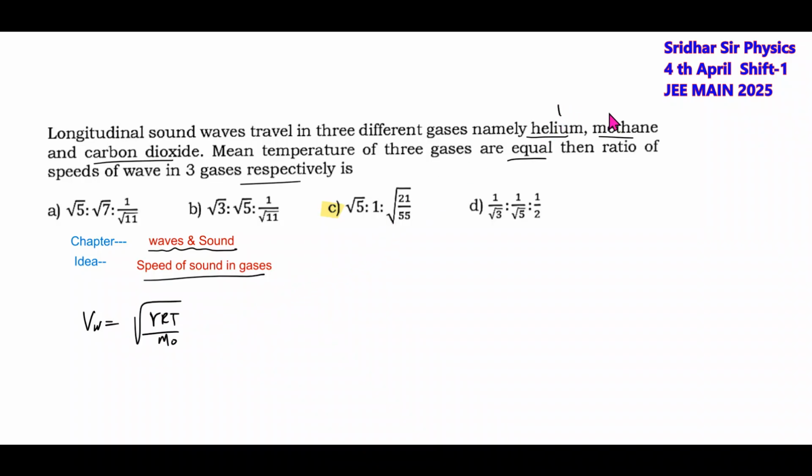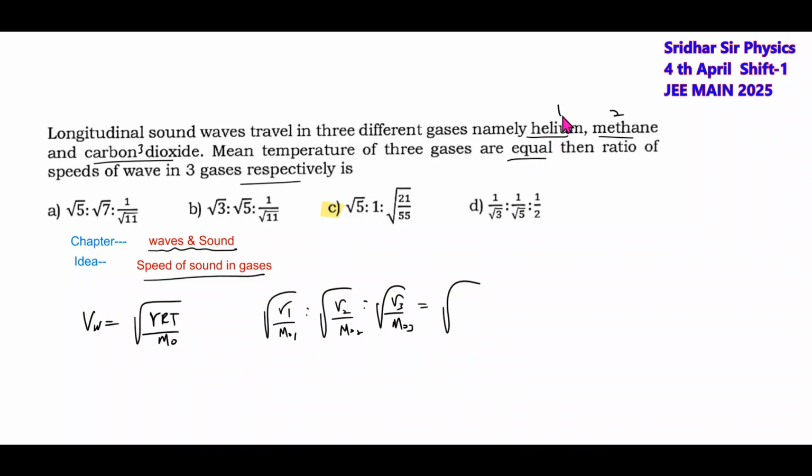We'll call them 1, 2, and 3. V1, so the ratio will be gamma 1 by M01, gamma 2 by M02, gamma 3 by M03.